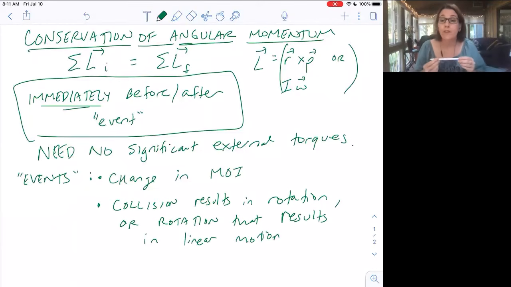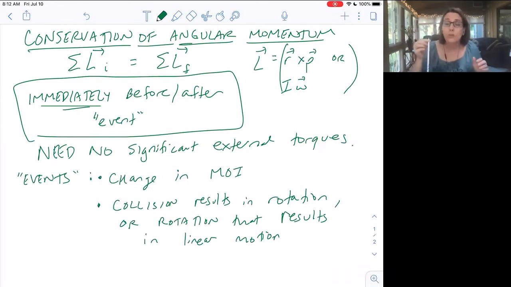So first, let's say I have this bar and it's just hanging vertically in a gravitational field. And then I have a mass that's going to come in a straight line, right? And this is pivoted up here. The straight line mass comes, sticks to the object, and the object's going to then swing upward, right? So that's a straight line motion, a collision that resulted in rotation.